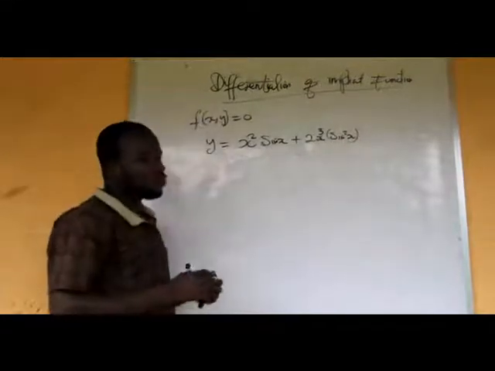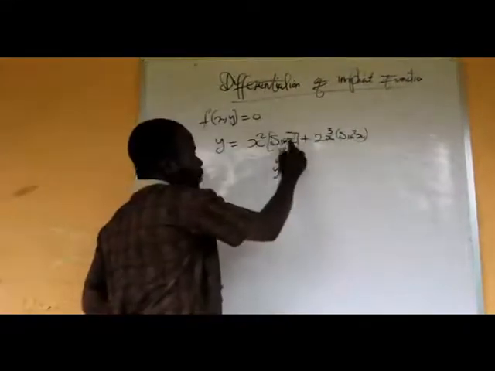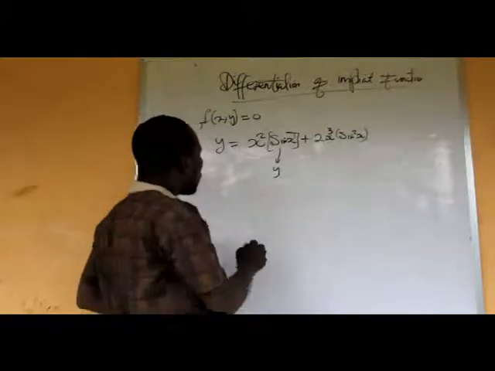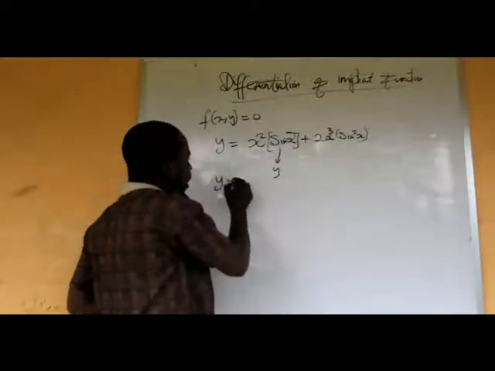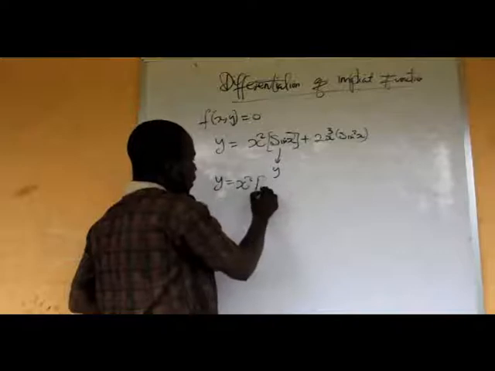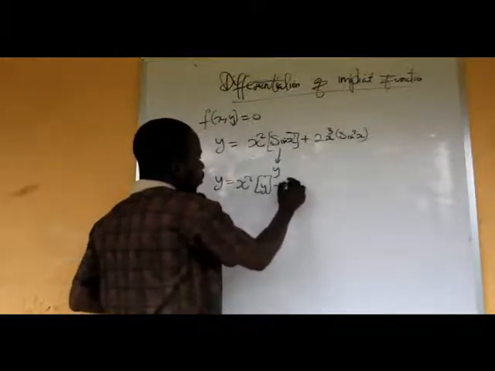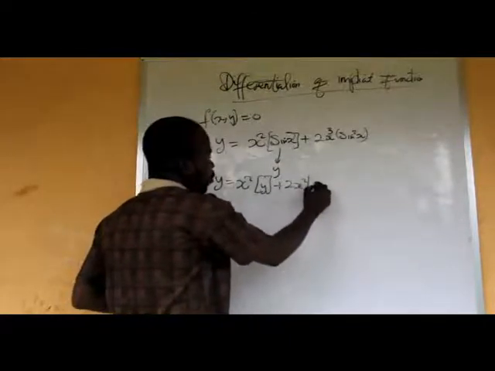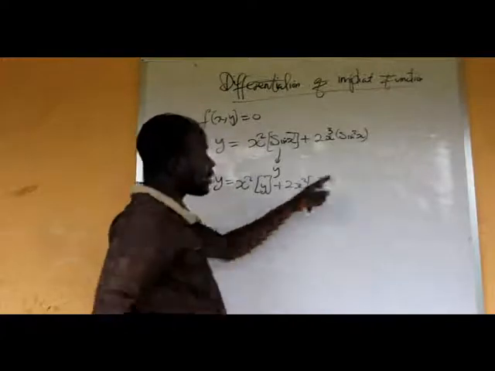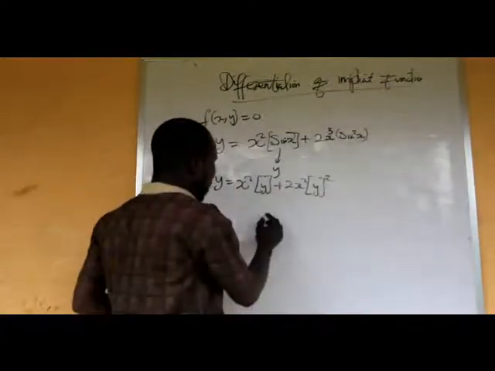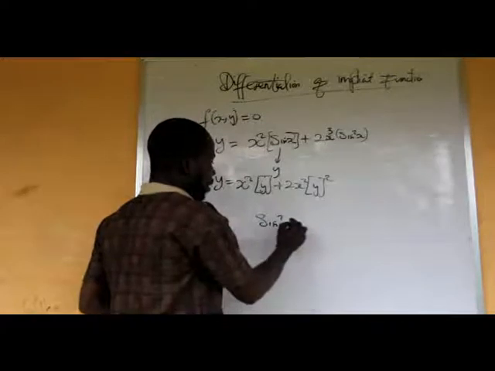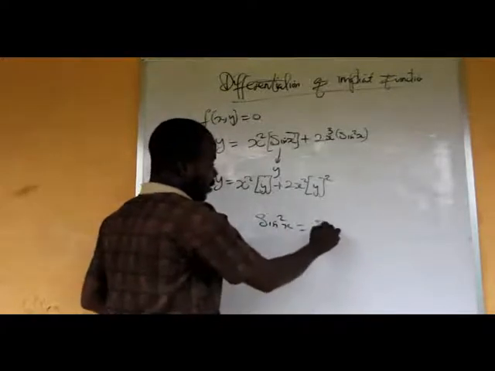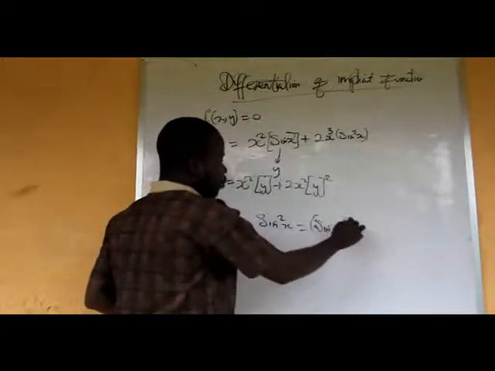If we have this to be a function, we decide to represent sin x by y. We're going to have that y will now be x squared into y plus 2x cubed into y all squared, since this is sin square x. Remember, sin square x is the same thing as writing sin x all raised to power 2.